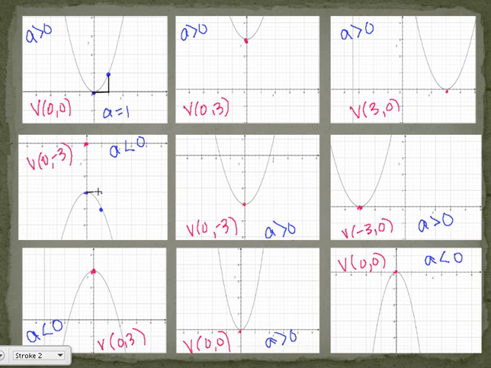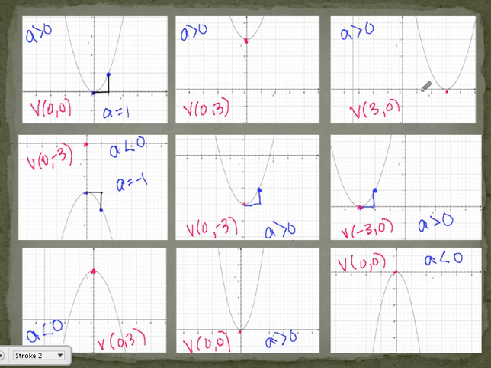So that means that my a value would be -1. So you can just glance at these and see there are some grids where it is easier to see. To the right 1, up 1. To the right 1, up 1. Notice this point. To the right 1, up 1.